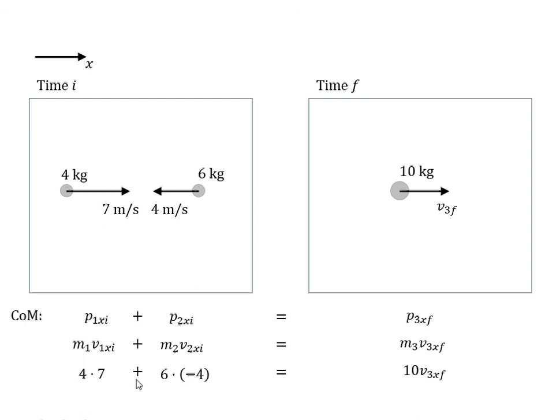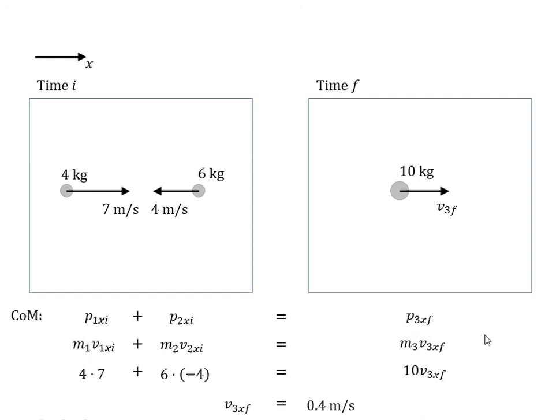Here in the third line, I've put in the concrete values now. So we have 4 times 7, mass times velocity, plus 6 times -4, so the signs are significant here. These are vector components. So that is going to equal the total mass times its velocity as a component.